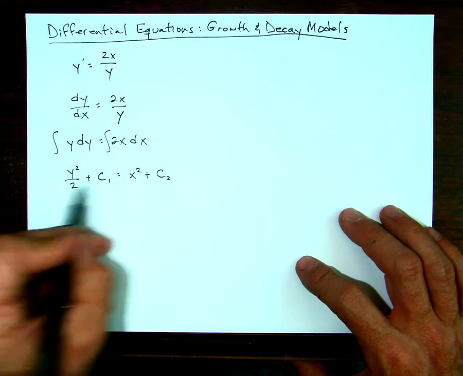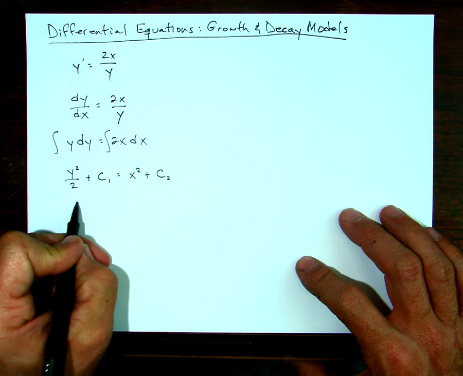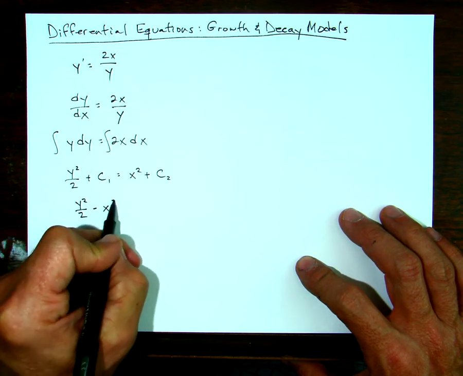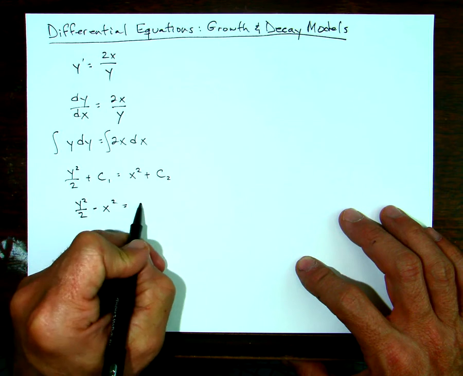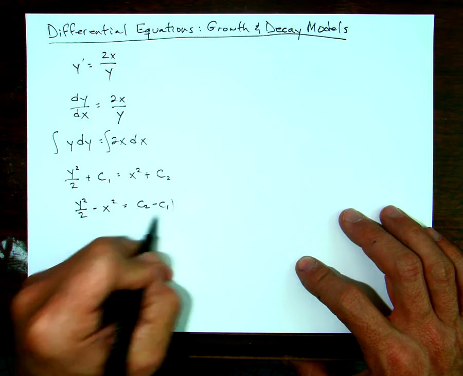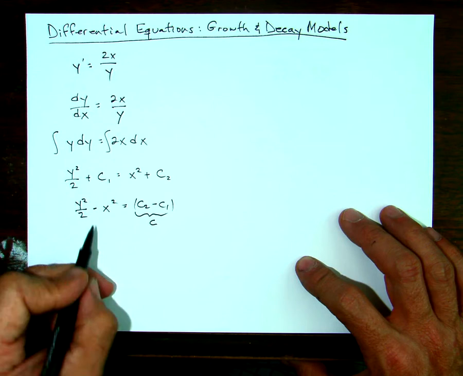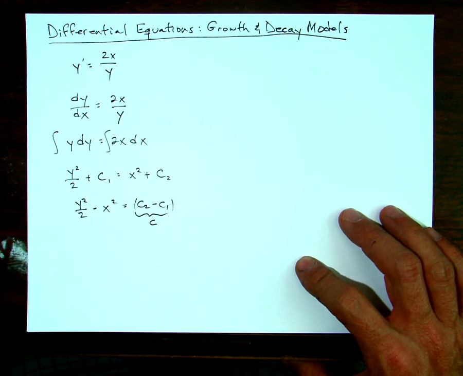So if I rearrange here, I will end up with y squared over 2 minus x squared, just to get all my variables on one side. On the other side, I end up with c2 minus c1, and I can just rewrite that whole thing as c. Finally, I'm going to multiply through by 2 just to get rid of that fraction, because nobody likes fractions, right?